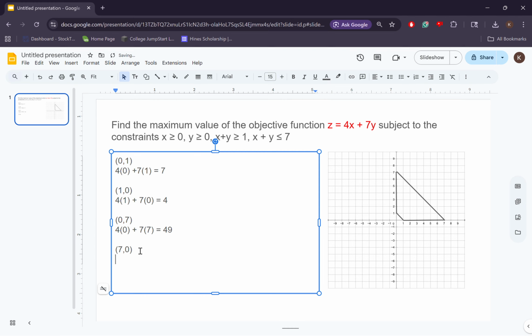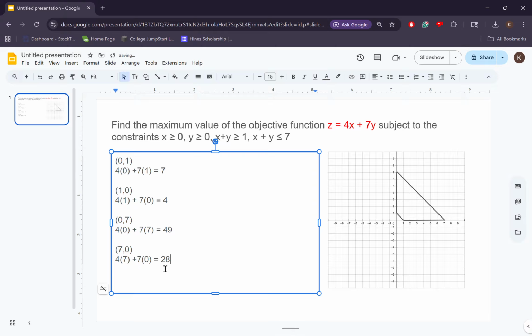And in this last one, we have 4 times 7, my apologies, 4 times 7 plus 0 times 7. 4 times 7 is 28 plus 7 times 0 being 0. So this will just be 28.